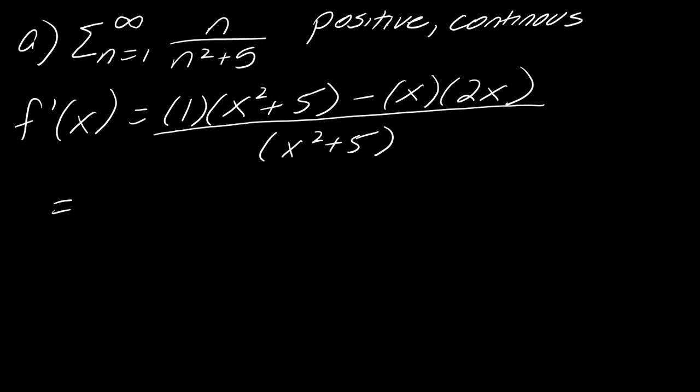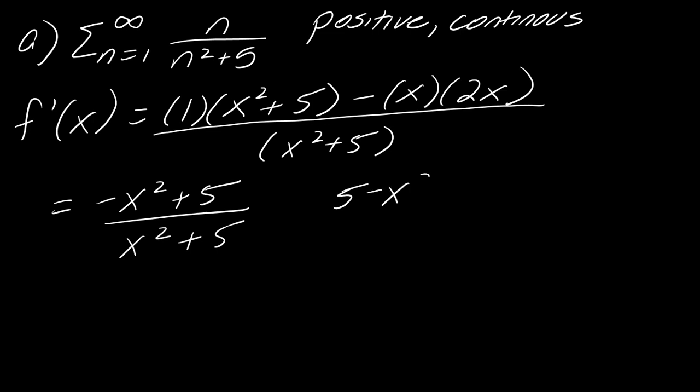So this is going to be negative x squared plus 5 over x squared plus 5, quantity squared. So now I just need to determine when this is increasing or decreasing. The way that you do that is you set the numerator equal to 0. So I've got 5 minus x squared. I can set it equal to 0 and find my critical points.